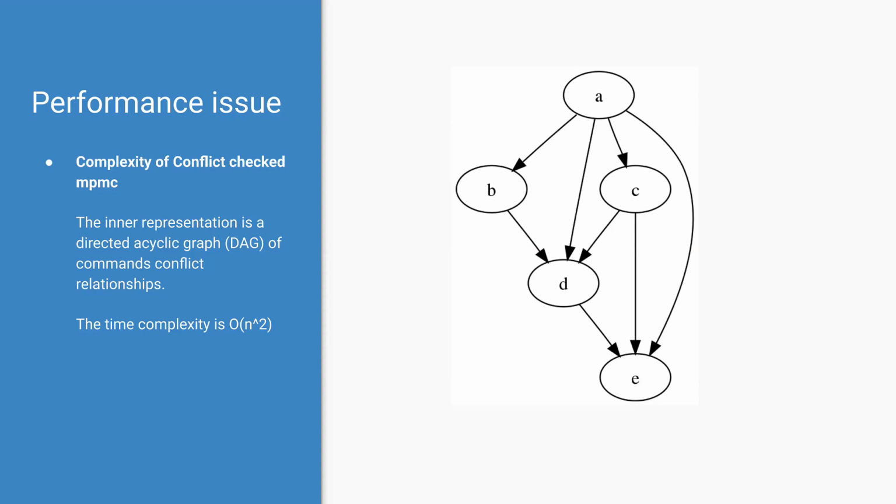The conflict check procedure in the channel is essentially performing a topological sort, and this procedure results in a time complexity of O(n^2) for the graph construction, which is highly inefficient.